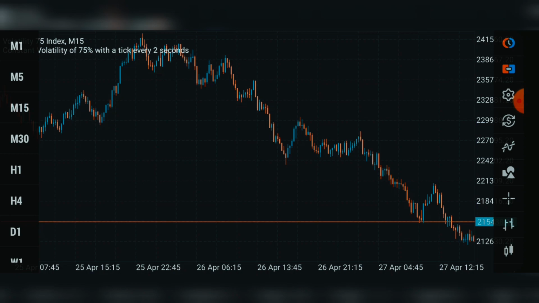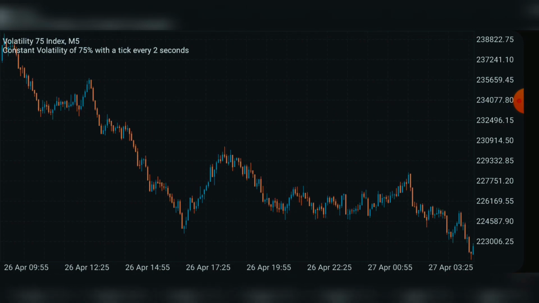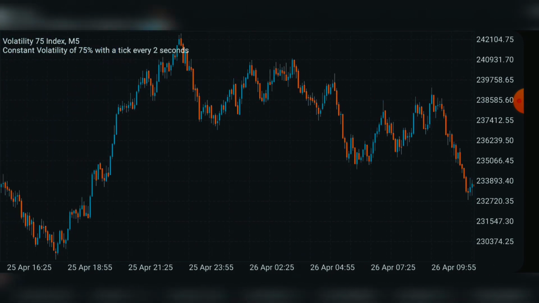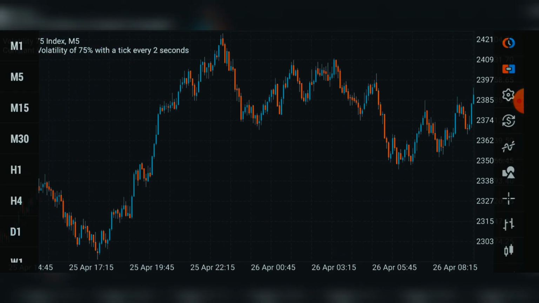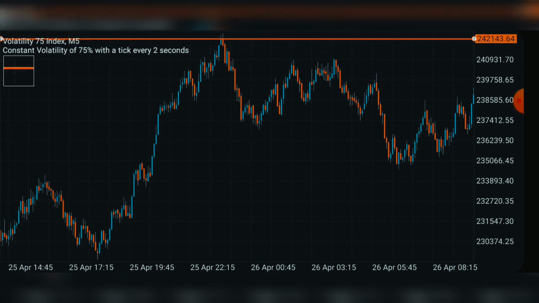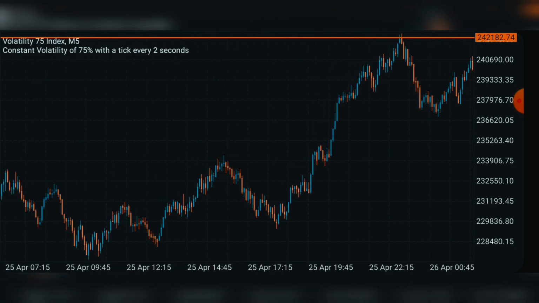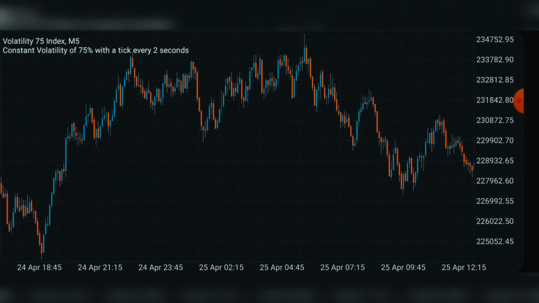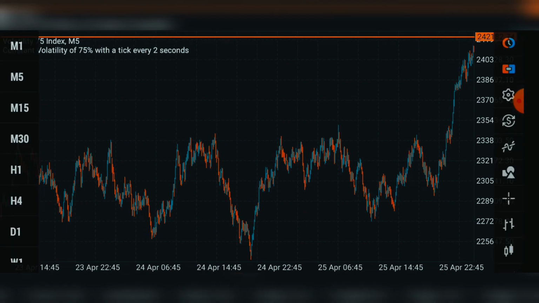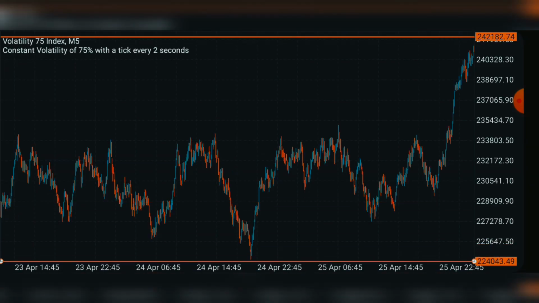Let's go down to a lower time frame. Let's try maybe the 5-minute time frame, for example, because literally it's the same thing on every time frame. On the 5-minute time frame, as we can see right here, this is the high and this is the low, the highest high and lowest low of this range.